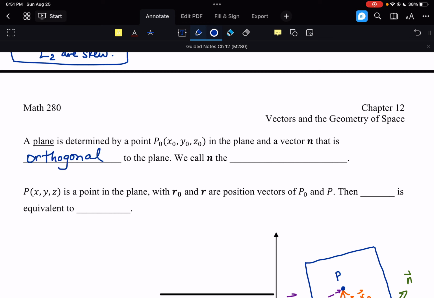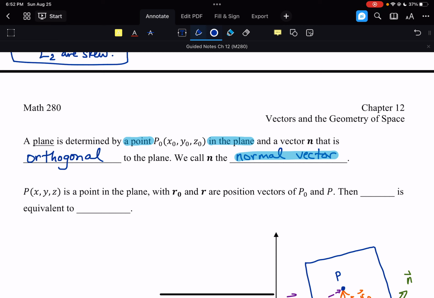Remember, that means perpendicular. We call n the normal vector. So we use a point in the plane and the normal vector. These are the two things that we need to find the equation of a plane.